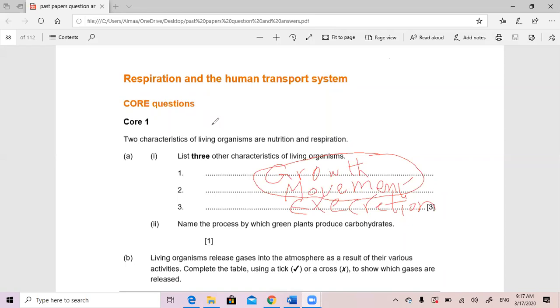Open the screen, you will see the sheet now. You don't see well? What's your problem? The sheet in front of you.